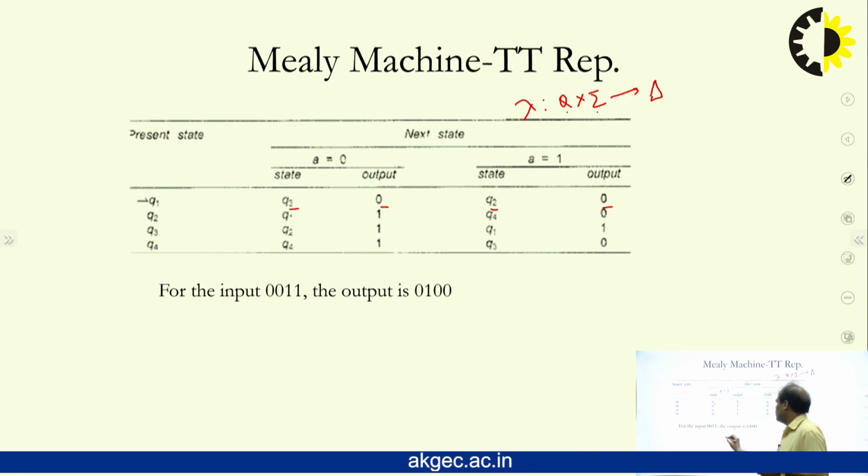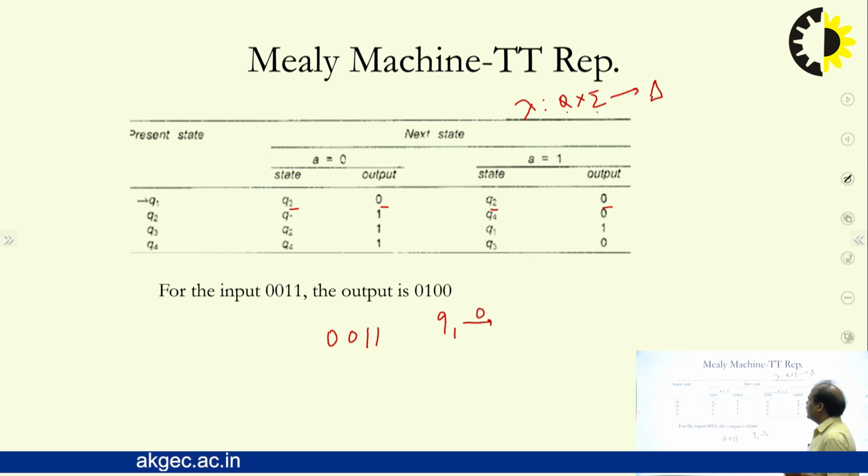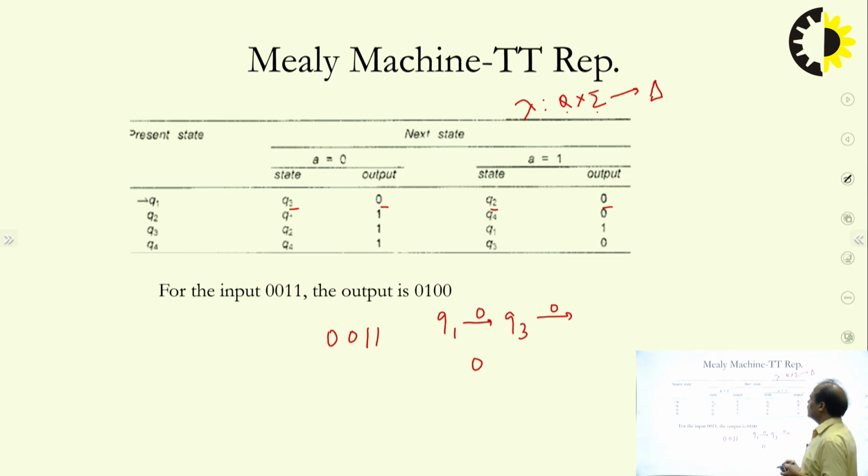Here, suppose input string is 0, 0, 1, 1. What will be output string? You will start from Q1. Q1, 0 is Q3, right? And its output is 0. We note down the output here. Then Q3, 0 is Q2, and note down the output 1.